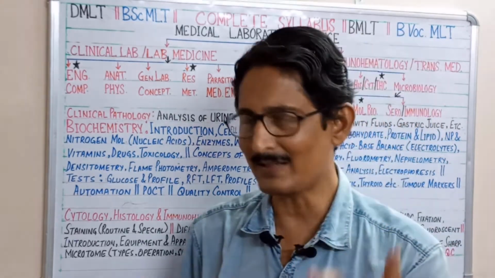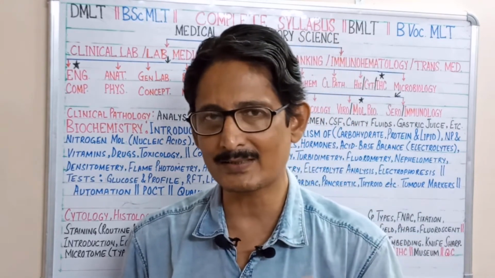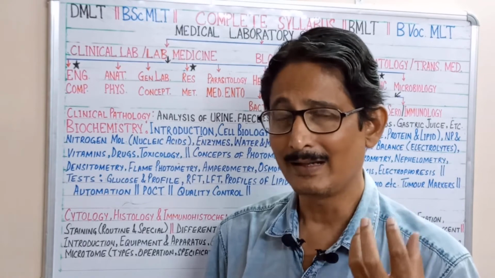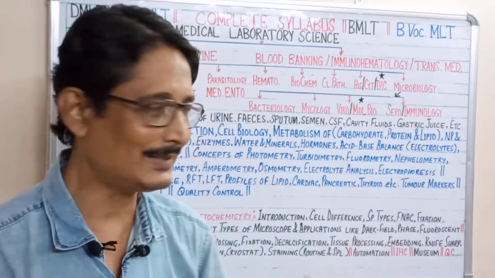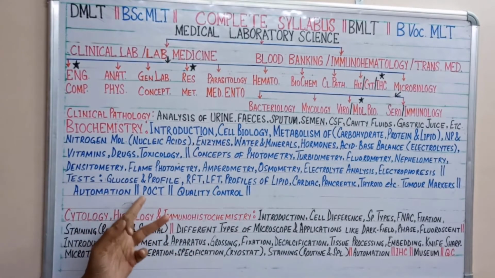And you may see, especially in the metro cities, Delhi, Bombay, Calcutta, that specially designed diabetic hospitals are built nowadays. So for diabetes, there are many tests included with glucose.